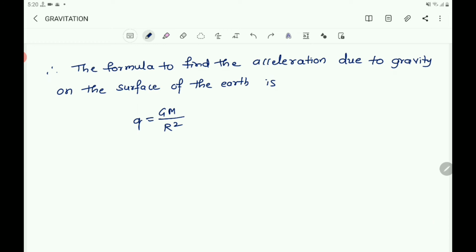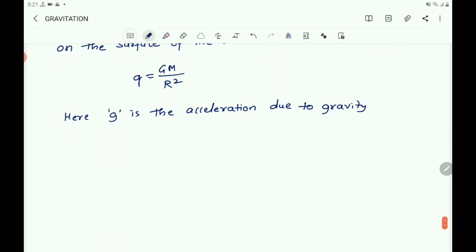So you write that here g is the acceleration due to gravity, and capital G is the universal gravitational constant.